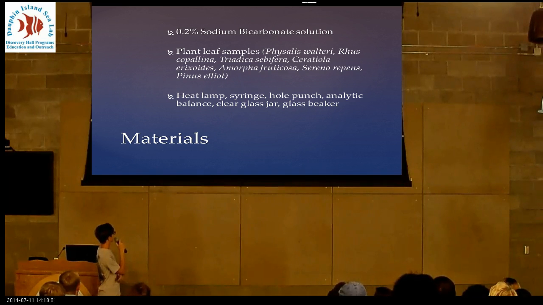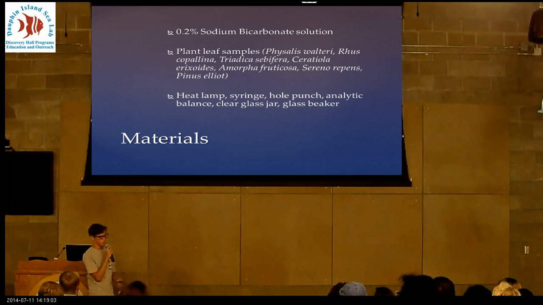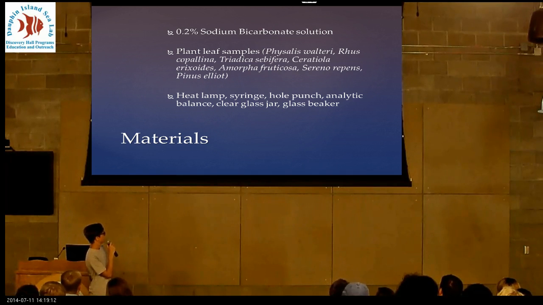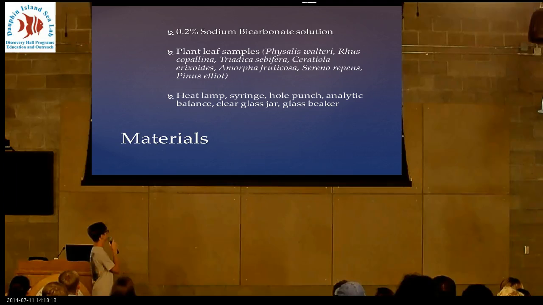Ceratiola ericoides, which is seaside rosemary. Amorpha fruticosa, which is a small leaf plant. It's very long and it's got a bunch of small leaves on it. Serenoa repens, which is saw palmetto, and Pinus elliottii, which is a type of pine tree that grows in the maritime forest here.